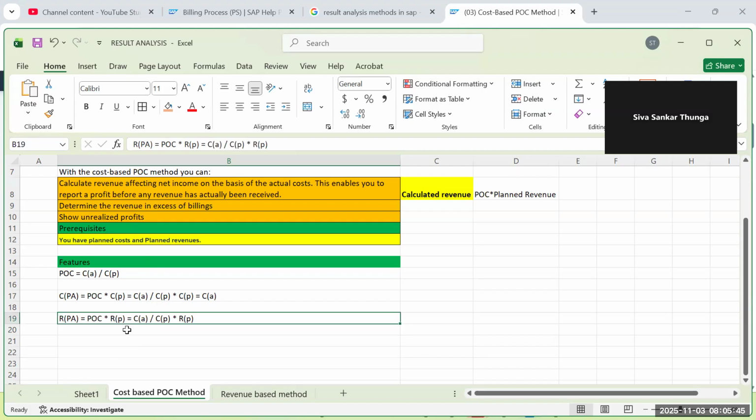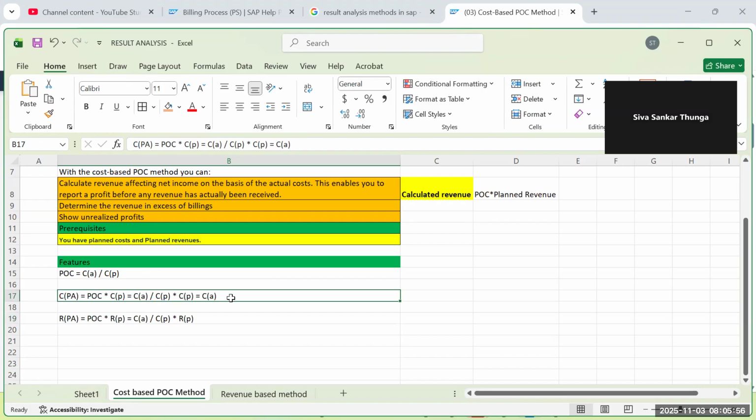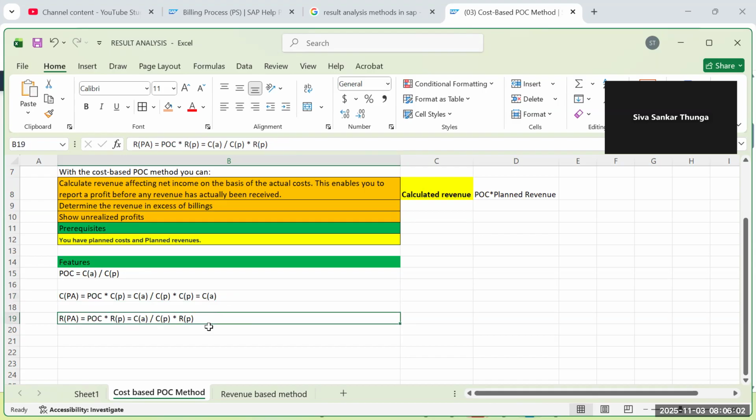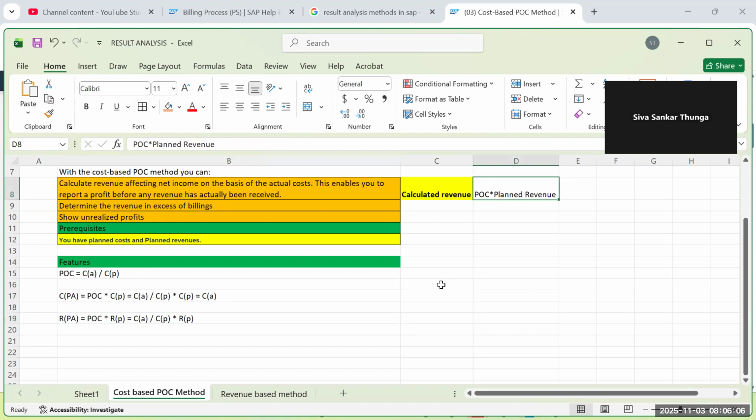Especially this one is the master player in generating the result analysis data: calculated revenue, POC into planned revenue. This calculated cost is anyhow equivalent to the actual cost of the project, so you can remember that very easily. But for calculated revenue, you need to remember POC into planned revenue. The calculated revenue formula is very important.